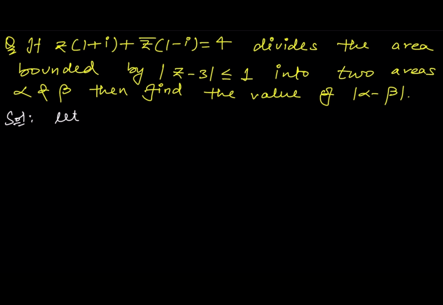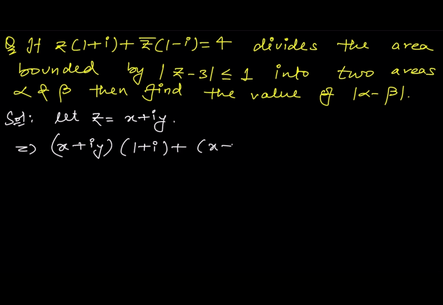Let z is equal to x plus iota y. Okay, so the first equation becomes (x plus iota y) times (1 plus iota) plus (x minus iota y) times (1 minus iota) is equal to 4, right?